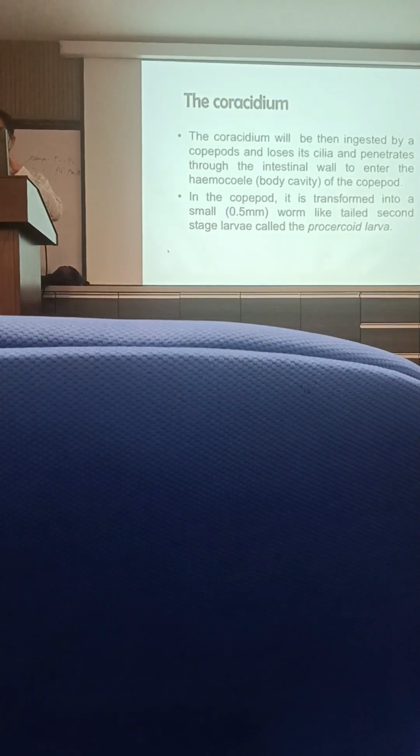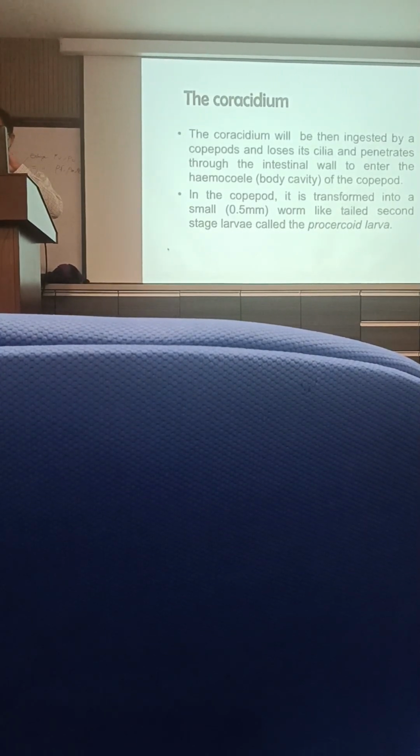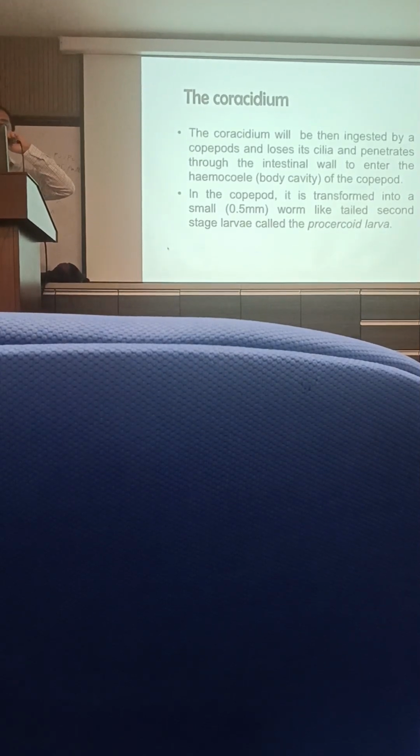So the coracidium will penetrate the copepod or brine shrimp or water hyacinth or cyclops, right? And in there, it will develop into a juvenile stage, a larvae, right? In the trematode, it becomes the asexual stages, right?